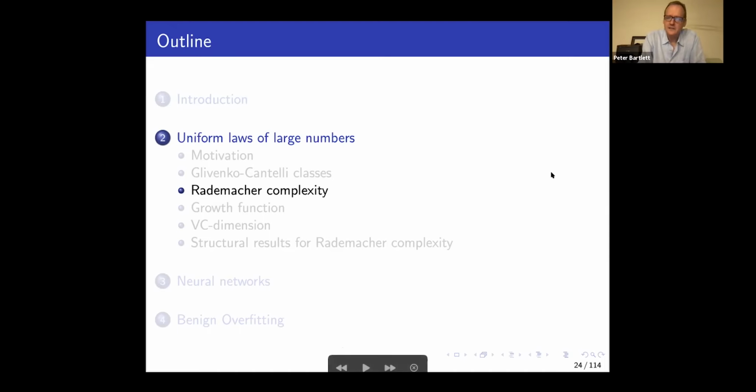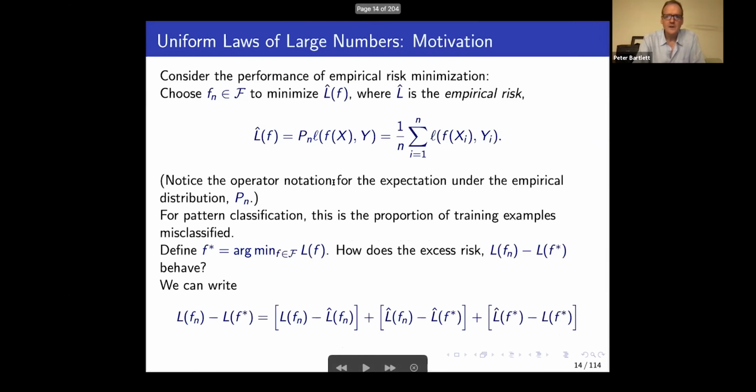Let's go back to the motivation here. We're interested in understanding how well our prediction rule Fn performs. We're interested in it having small risk, that's the expectation of the loss.